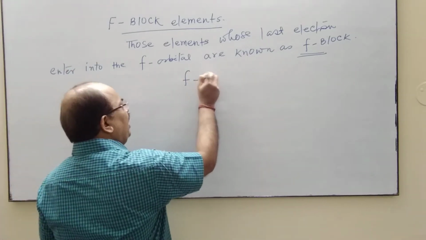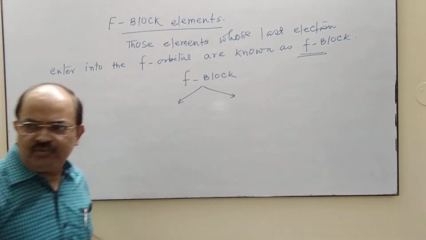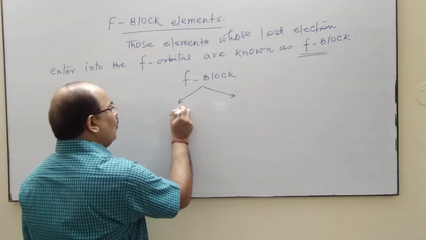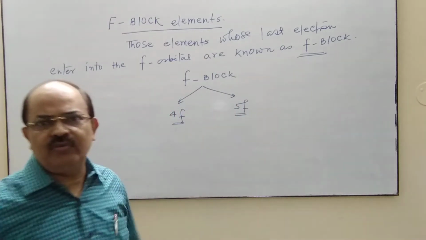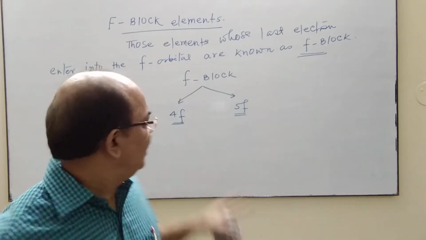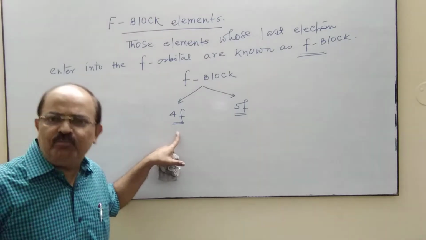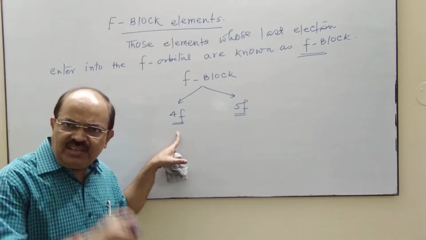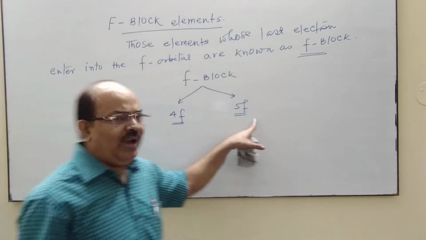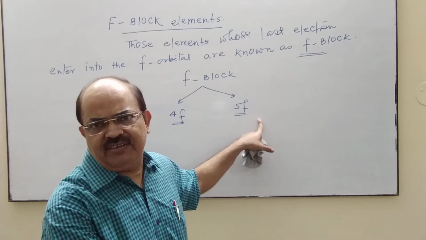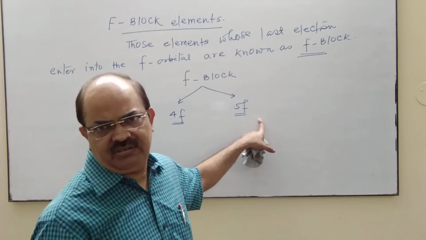Now f block elements are basically of two types. One is your 4f, another is your 5f. In case of 4f block elements, there is continuous filling of the 4f orbital, while in case of 5f block elements, there is continuous filling of the 5f orbital.